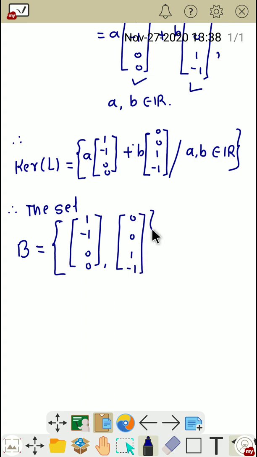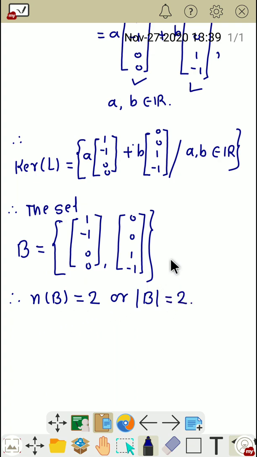This set contains two vectors which are linearly independent, and this set generates, or spans, the kernel of L. This set contains only two elements, and therefore the cardinality of set B is equal to 2, and B is a basis.